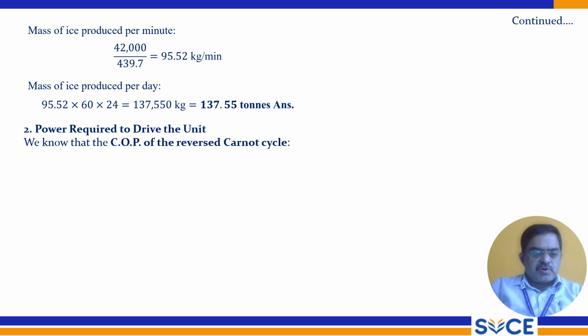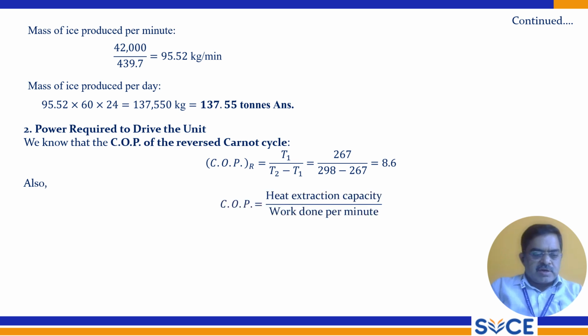And power required to drive the unit. We know that the COP of the reversed Carnot cycle is equal to T1 divided by T2 minus T1. So 267 divided by 298 minus 267, that is equal to 8.6. And COP equal to heat extraction capacity divided by work done per minute. This way also we can calculate. So now from here we can get this WR.